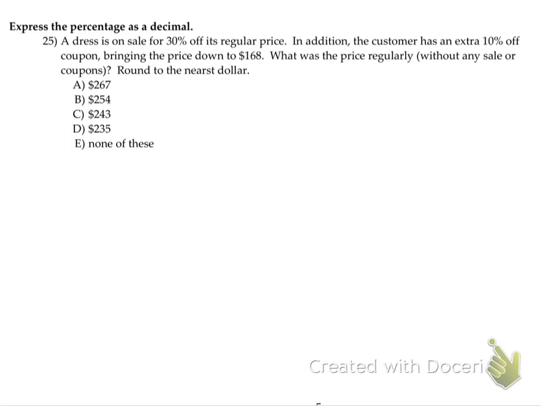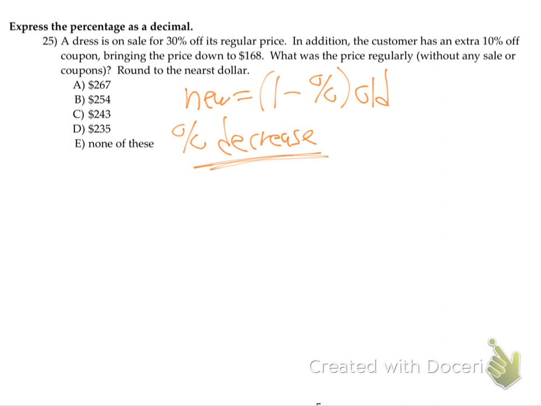So what we have to do, remember the formula, the new price is 1 minus percent times the old. That's the percent decrease. So the percent increase is 1 plus, percent decrease is 1 minus. But in this case we're decreasing twice. So we're going to go 1 minus 30%, 0.30.